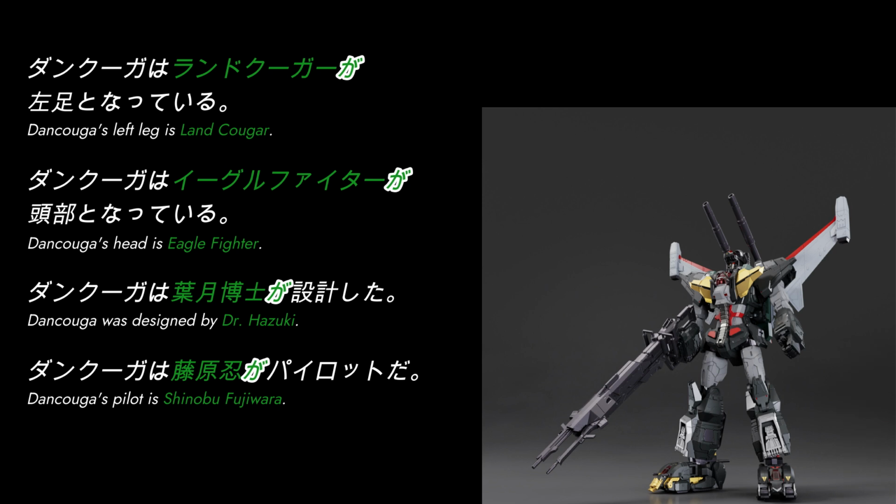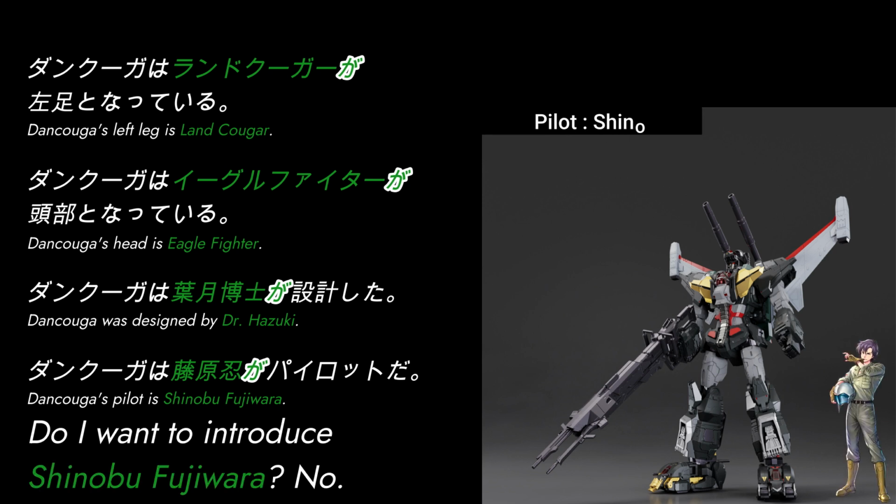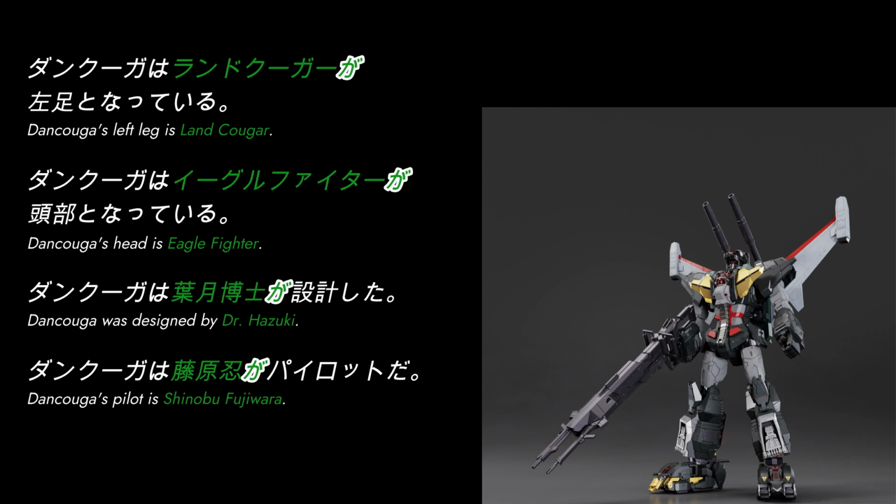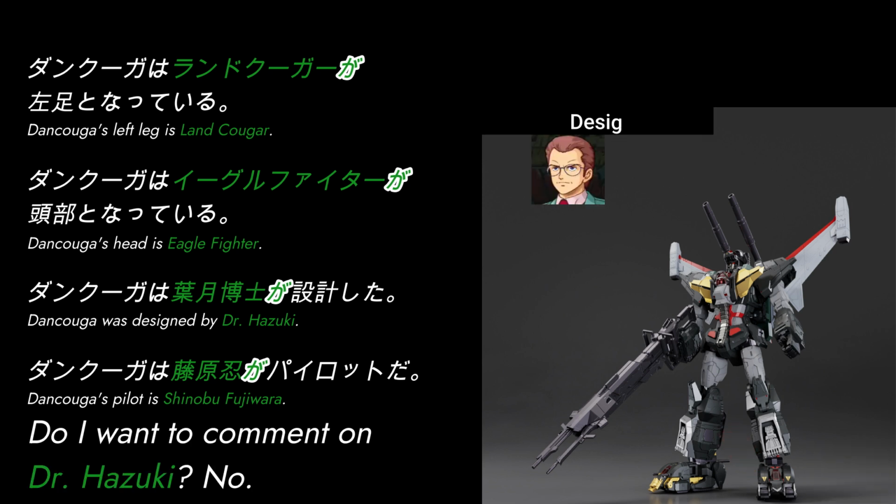From the above sentences, do I want to introduce Shinobu Fujiwara? No, he's not the subject. He just happens to be the pilot of Dankuga. I can continue to introduce Dankuga without mentioning him. Do I want to describe Dankuga's left leg? No, it's just the left leg of Dankuga. Do I want to introduce Dr. Hatsuki?